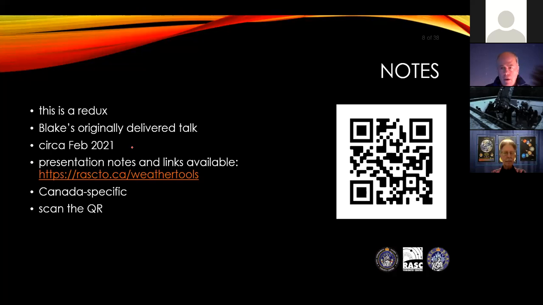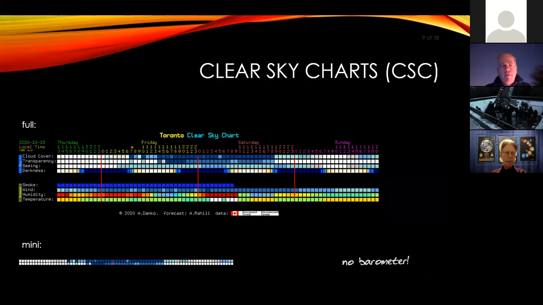Okay, here we go. You ready? So everybody knows this, right? I think everybody knows about the clear sky charts that are available for various locations. And if I can do a bit of flag waving here, I'm kind of chuffed at this Canadian product. It's an amazing resource, and a lot of people are really impressed by it.